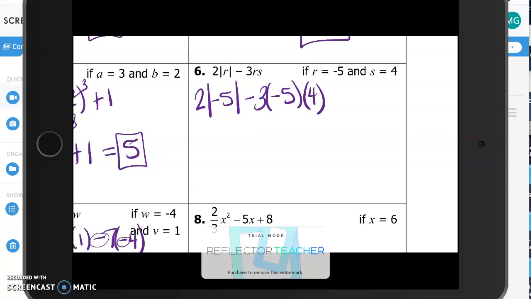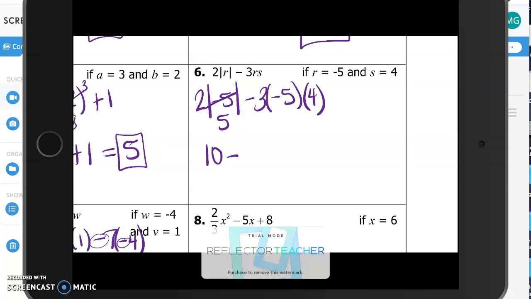So this first part, the absolute value of negative 5 is positive 5. 2 times 5 gives us 10. Bring down the subtraction sign. 3 times negative 5 times 4 gives us negative 60. So 10 minus negative means plus positive 60. So our answer is 70.